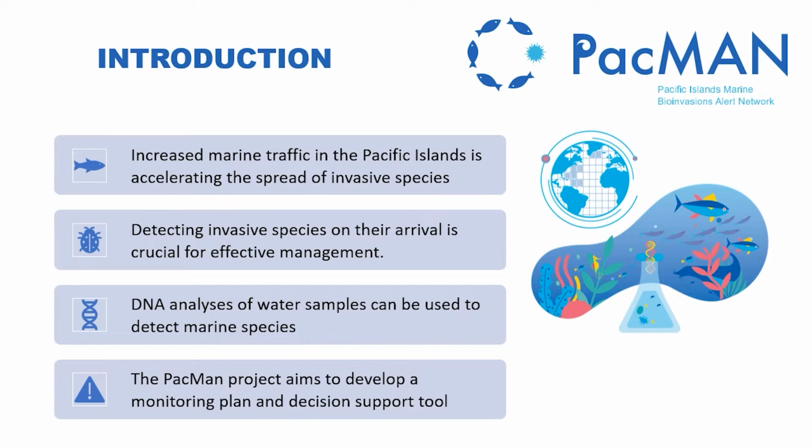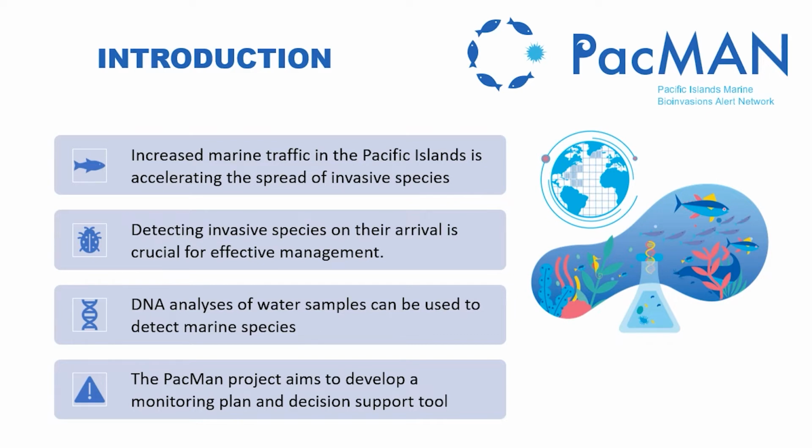The management of invasive species really depends on how fast these species are detected in the environment. So they need to be detected immediately after they have arrived, before they have become a problem, to be able to really manage and eradicate them. We have a new tool available for us, which is called environmental DNA, where DNA is extracted and analyzed from water samples that are taken in the target environment, to get a list of species that are present in that environment.